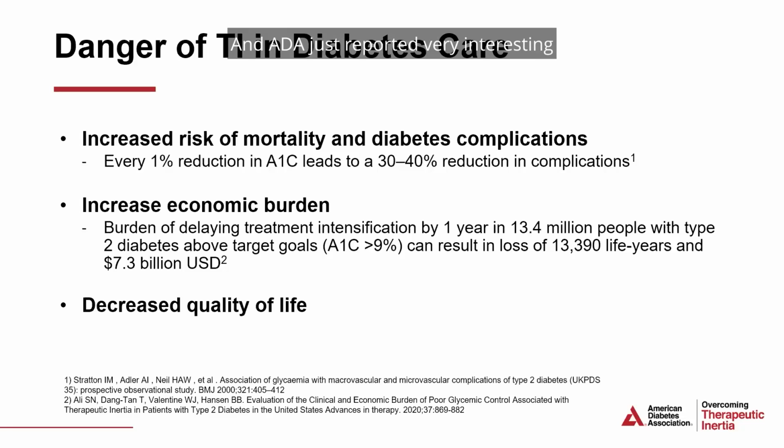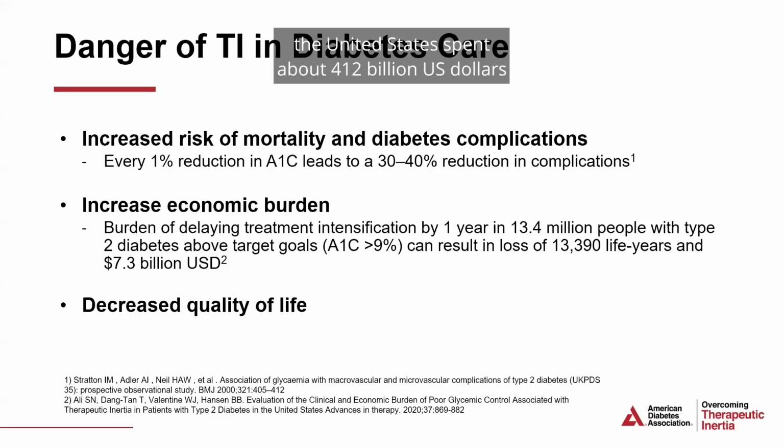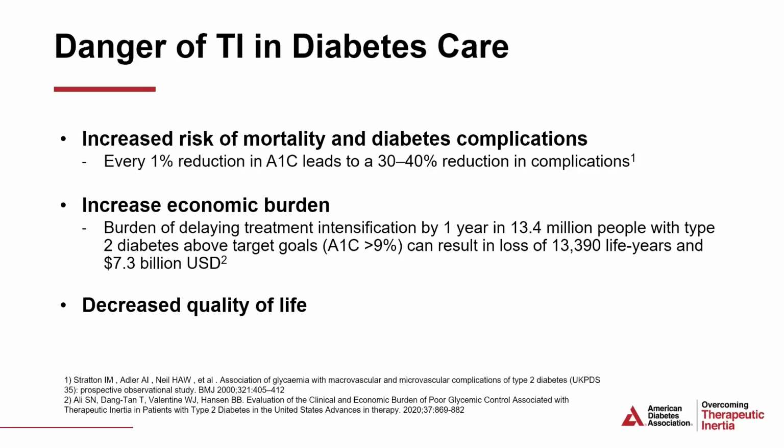And ADA just reported a very interesting economic analysis report, not even a week ago, I think a week ago or so. So what they found out is that in 2022, the United States spent about 412 billion US dollars to take care of people with diabetes.